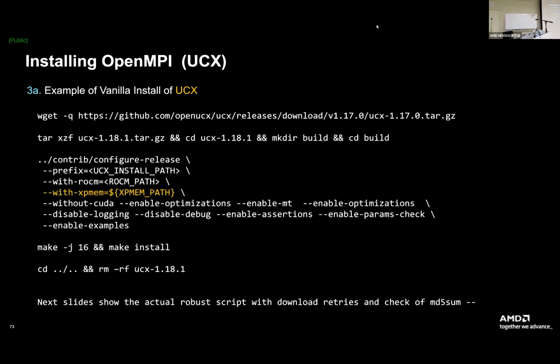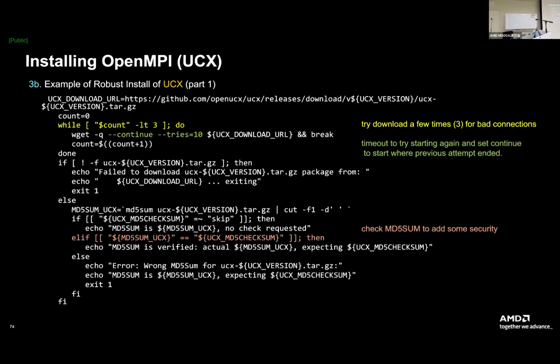So now we're going to do UCX, and we're going to give it the flag to tell it where that xpmem is. Okay, next slide. And because we had a lot of trouble with network dropouts, we actually restart the download if it fails.